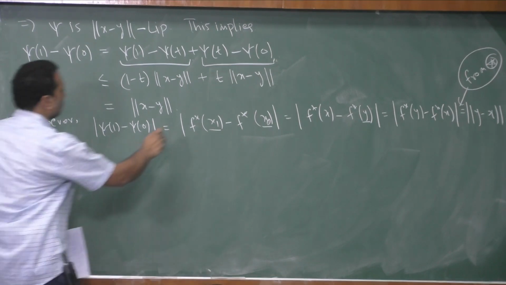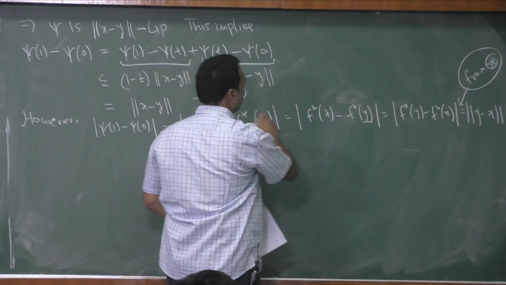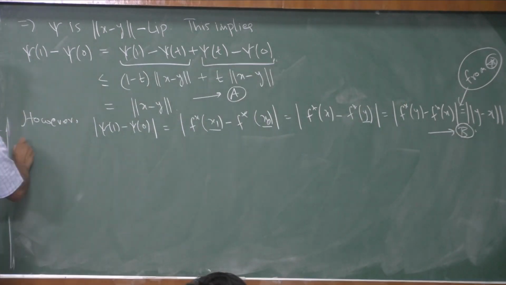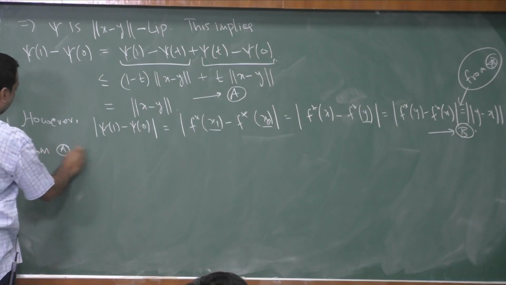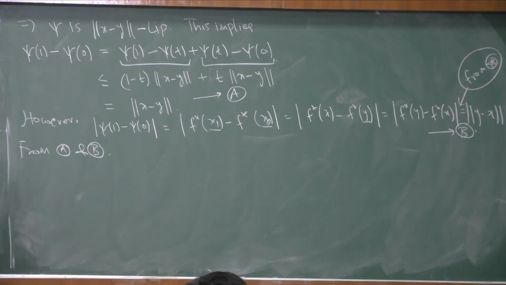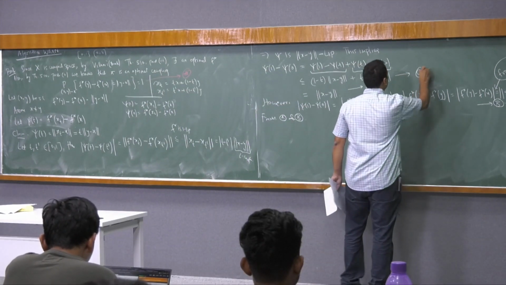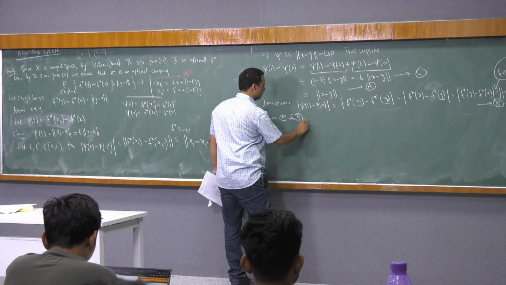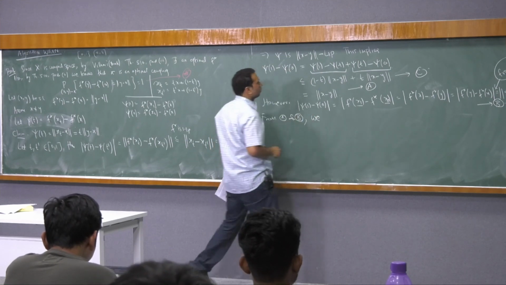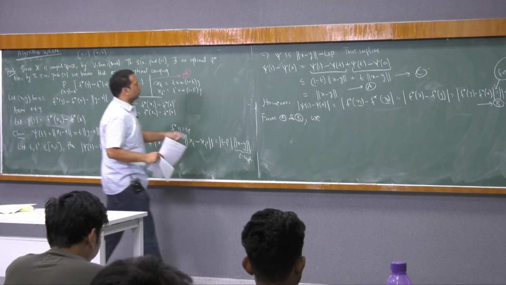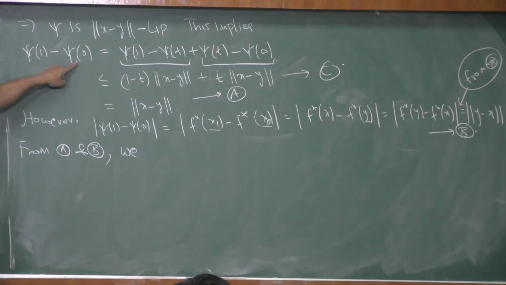So let us call it A, and this B. So from A and B, we can also call this C. From A and B, we must have equality in C, because psi 1 minus psi 0 is also norm x minus y. So this cannot be an inequality. This must be equality.